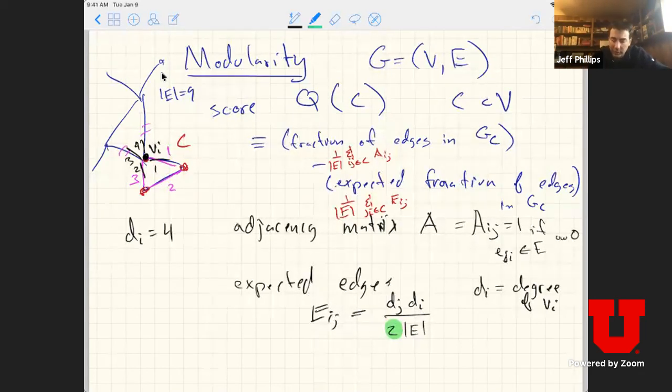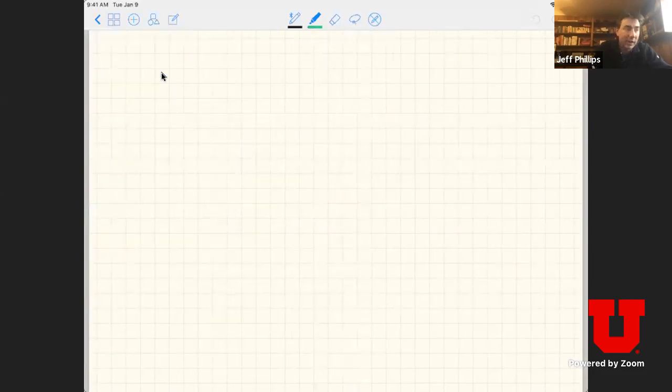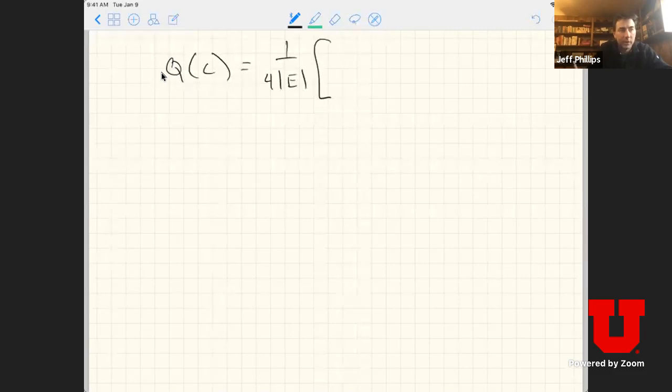Okay, so let's go through a small example of this. The modularity score, let me write this up here, is now going to be 1 over 4, you want to normalize by 4 because there's a double sum here.